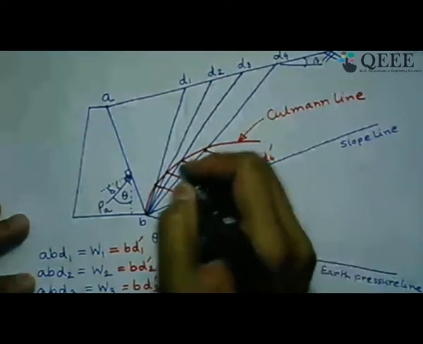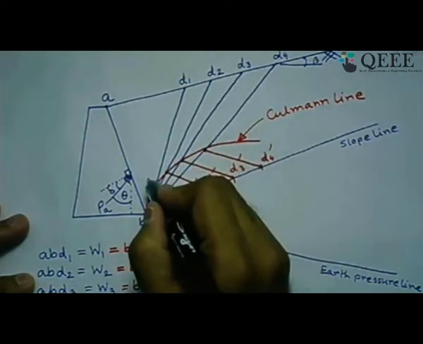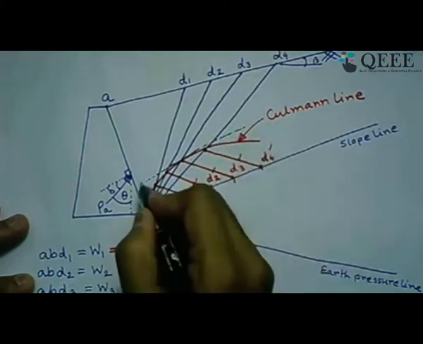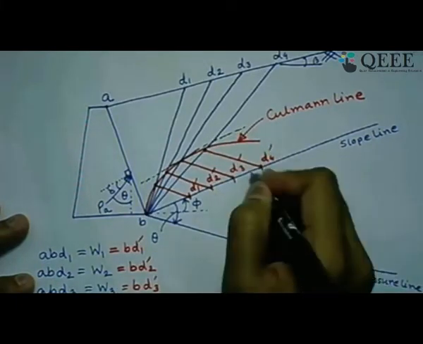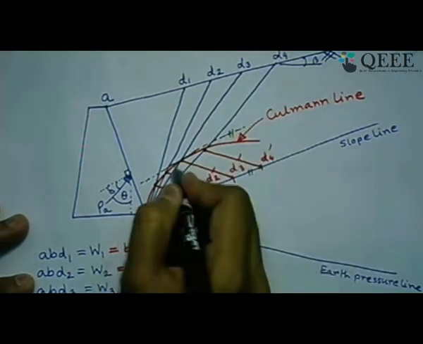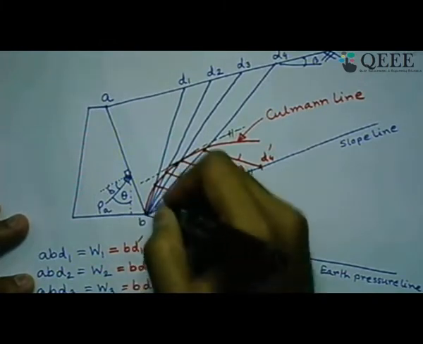So let us say somewhere at this point it gives the maximum value, where you can draw a tangent which is parallel to this slope line. So this and these are parallel. That gives a tangent at this point.